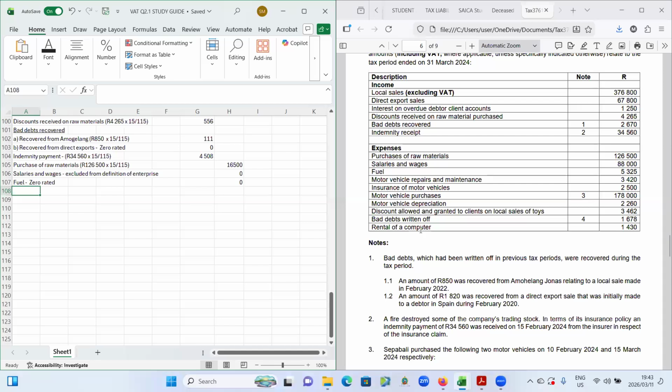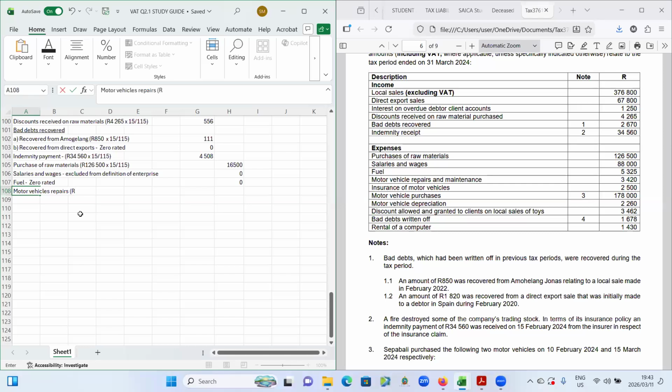Motor vehicle repairs. What are the VAT implications on the repairs of a motor vehicle? Is input tax denied or what? In fact, I was a bit confused about this one, because I was looking at the definition of a motor car.